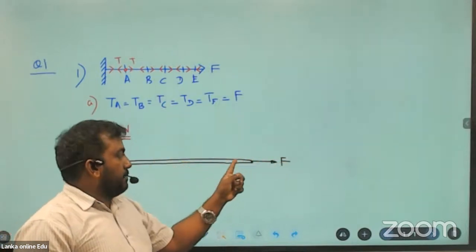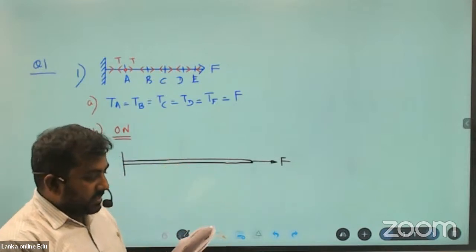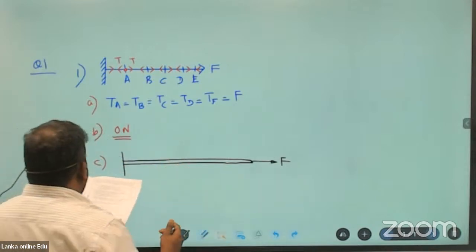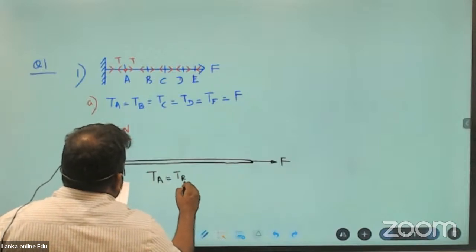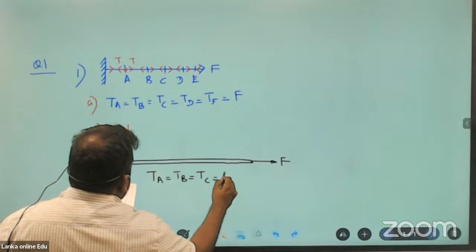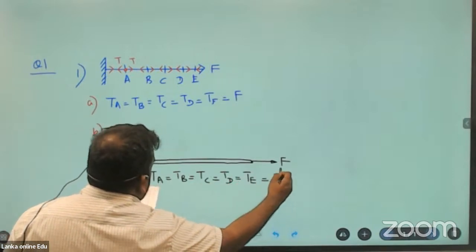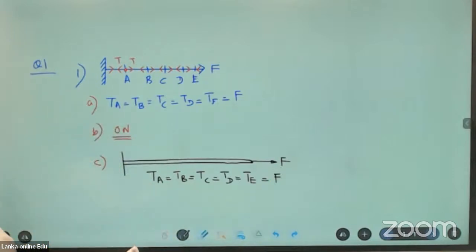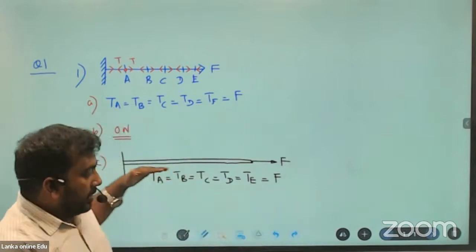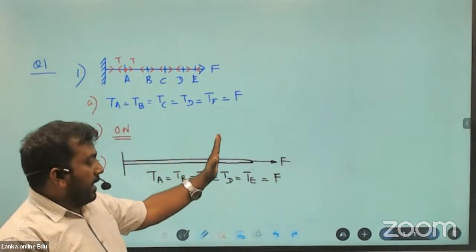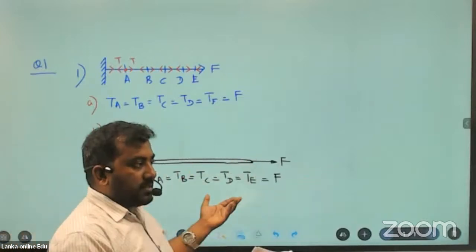Horizontal force applied means the tension everywhere remains the same. Tension at A equals tension at B equals tension at C equals tension at D equals tension at E, the same force F. No change. Just like in strings, with a horizontal force the tension is the same everywhere. A sonometer problem, that's how we solve it.